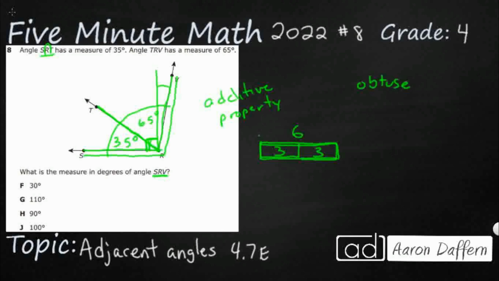Now, obtuse angles are those that are greater than 90 degrees, or greater than a right angle. Remember, acute are those that are less than 90 degrees. And it just doesn't look like it's going to be that much less than 90 degrees. It's a little bit bigger.